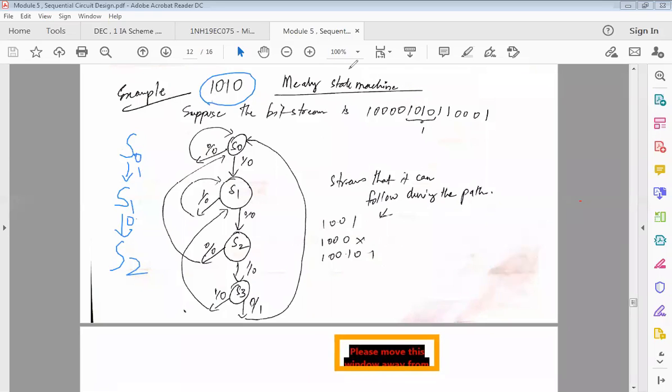Let me use a different color. So here, if the input is 1, it goes to state 1, and state 1 to state 2 will happen if I receive a 0. That is, if my input is 0 or if my input is 1. Now from S2, it has to move to another state, which is S3.